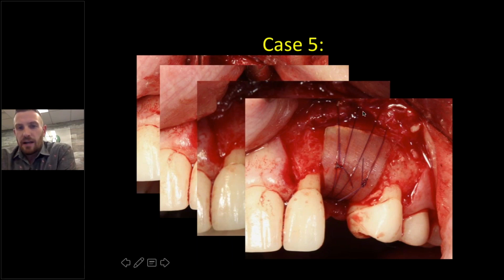What antibiotics and pain relievers do you prescribe after surgery? Really, again, it depends on the severity of the surgery, but most of the time, I will put the patient on an antibiotic. Typically, if they're non-allergic to amoxicillin, I use amoxicillin. And then as far as analgesics or pain relievers, I try to stray away from narcotics.